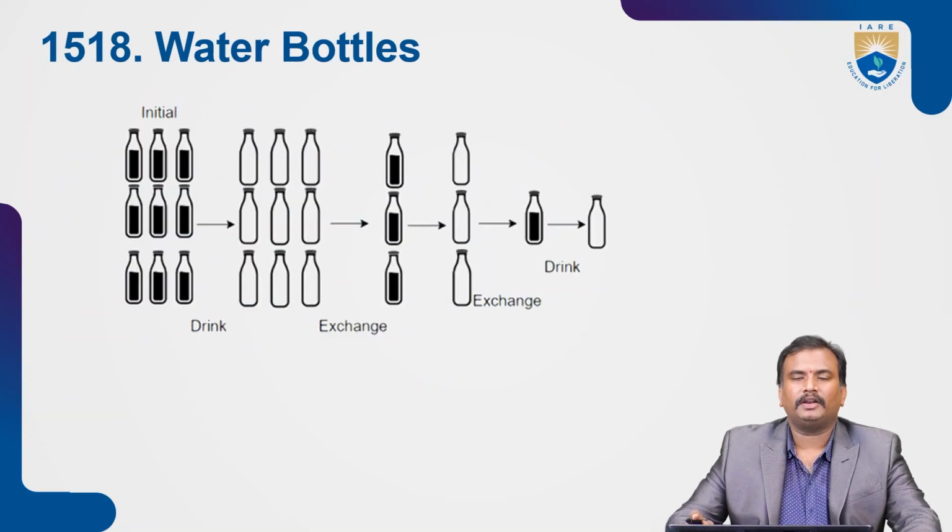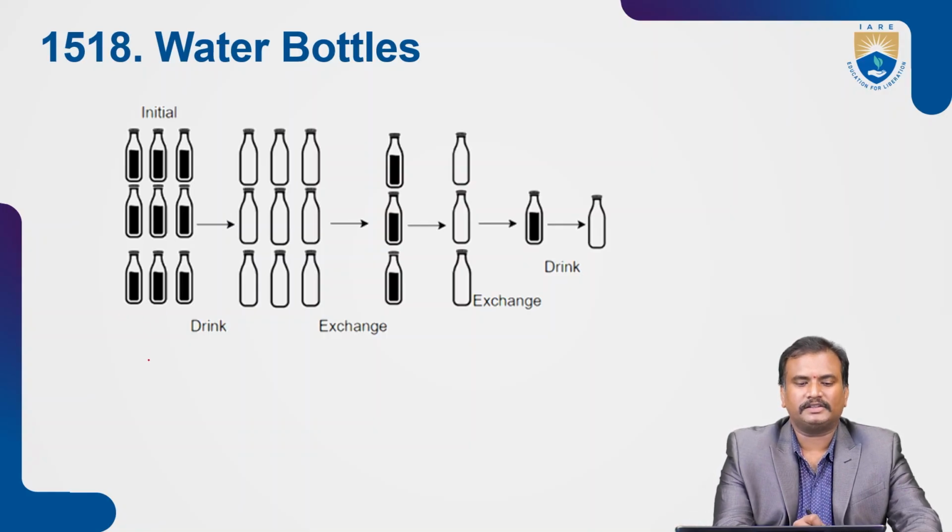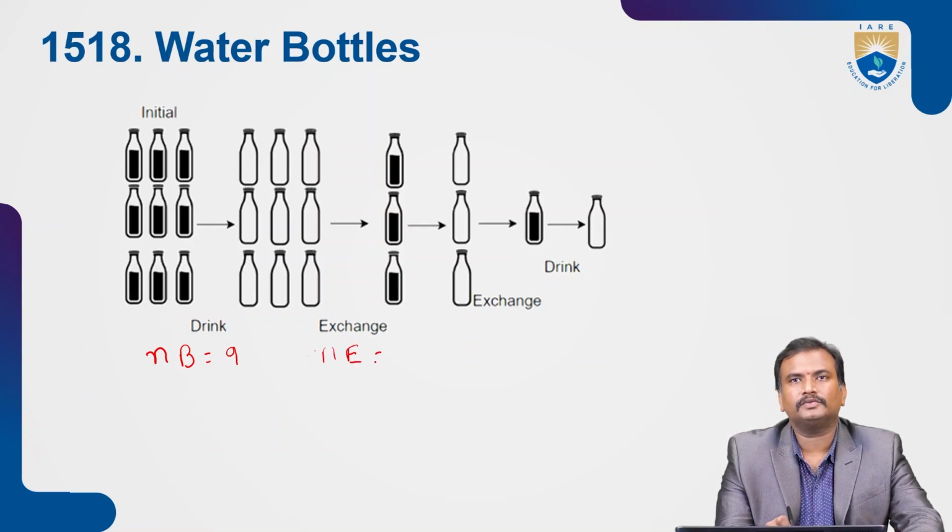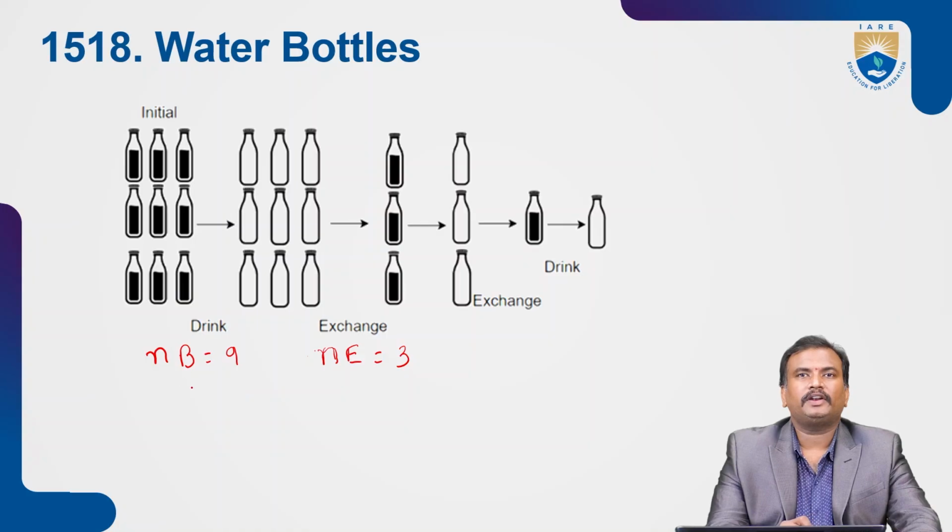So this is the example. Here the number of water bottles which are given is 9, and the number exchange is equal to 3. So if we give 3 empty bottles, we are going to get another full bottle.